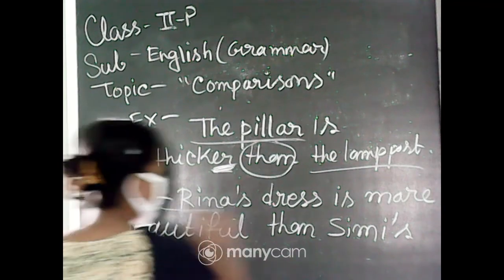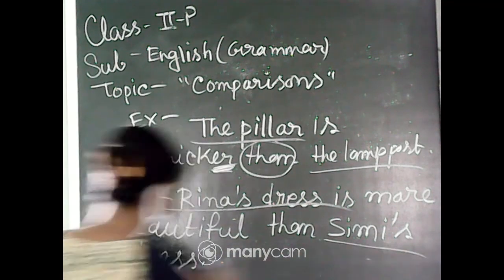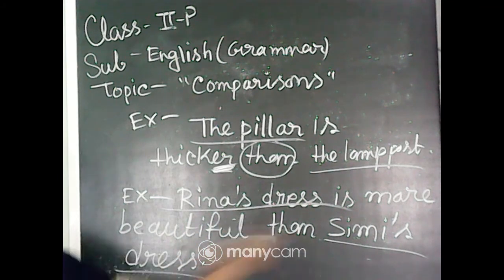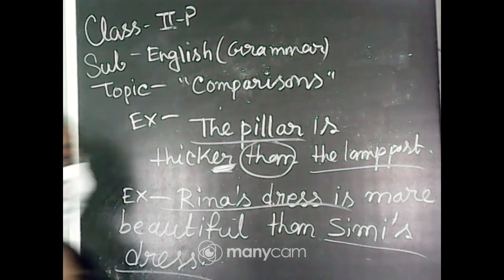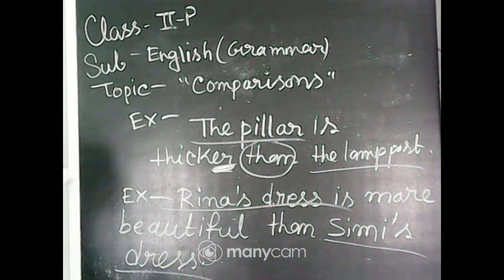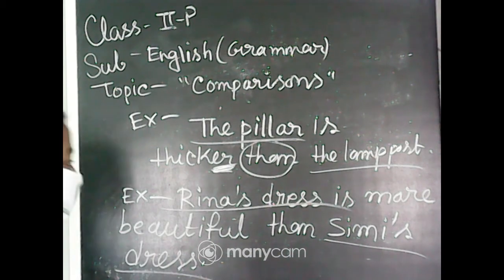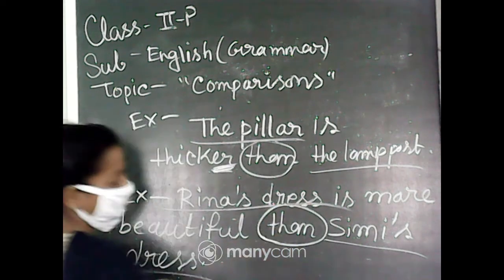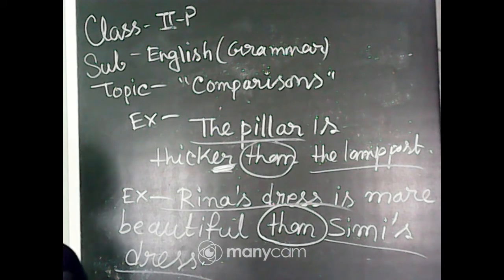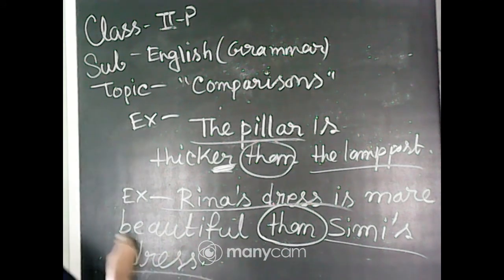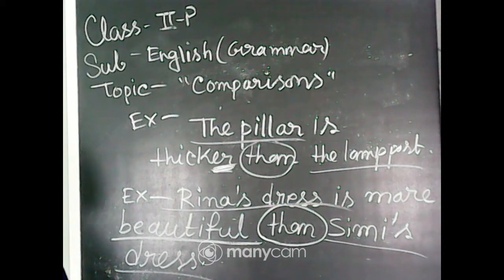Here also we are comparing between two things, that is Reena's dress and Simi's dress, but here something is different. Than is added, that is what we need to do to make comparison. But the word beautiful is different. We haven't added er to the word beautiful.